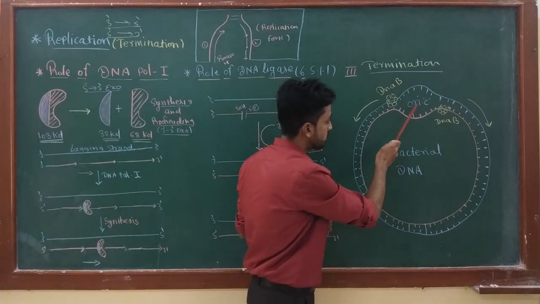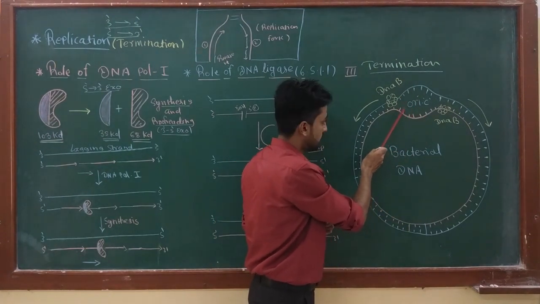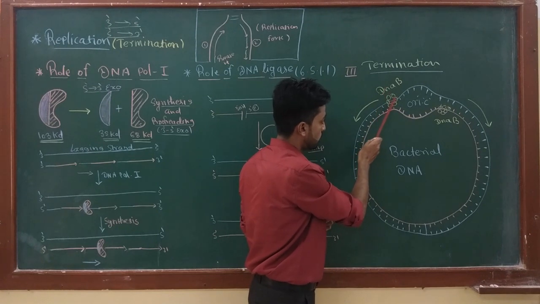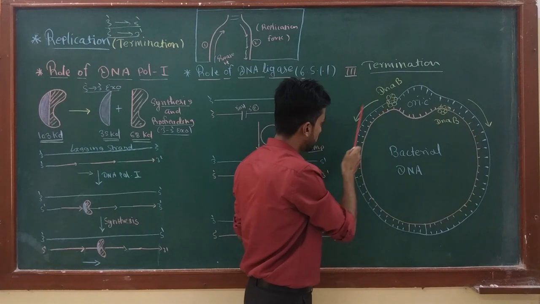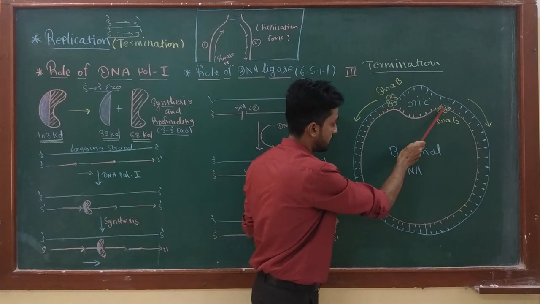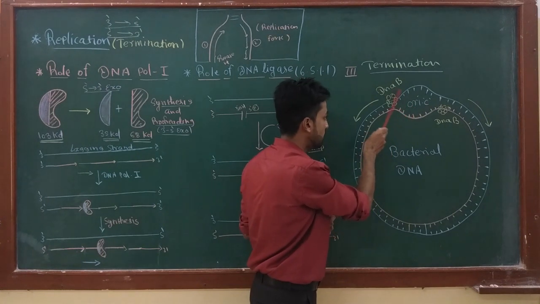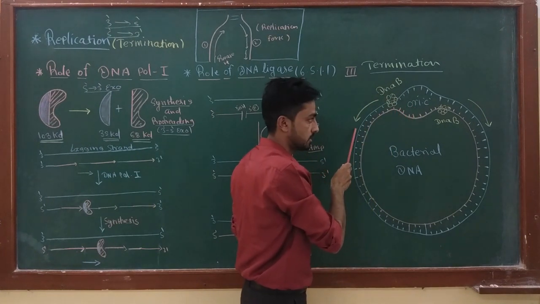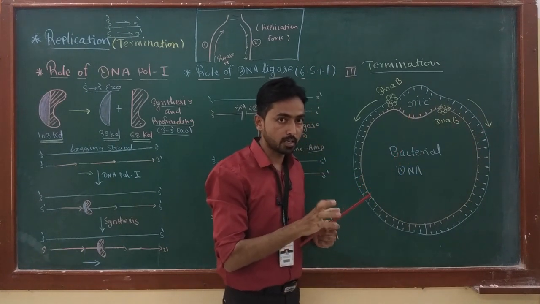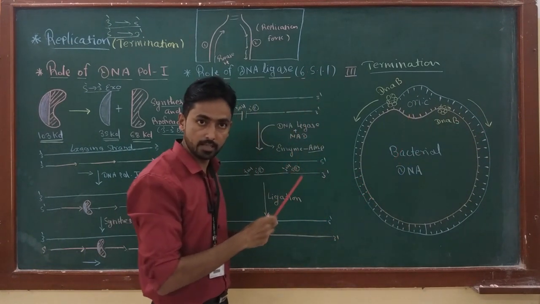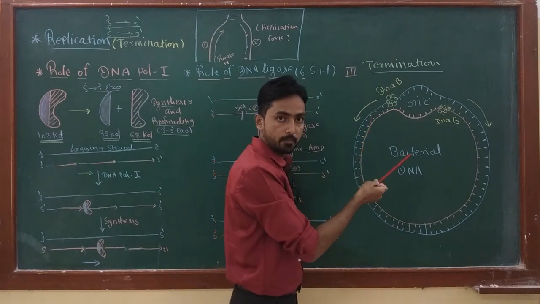If from this site a bubble is produced in the initiation phase, and this is the DnaB protein on one strand and the same protein on the other strand, then this protein moves in this direction while the second protein moves in this direction from the same point. That means one replication fork moves in this direction and another moves in the opposite direction. The replication fork contains the DNA polymerase 3 enzyme that will copy the DNA into two daughter DNA.